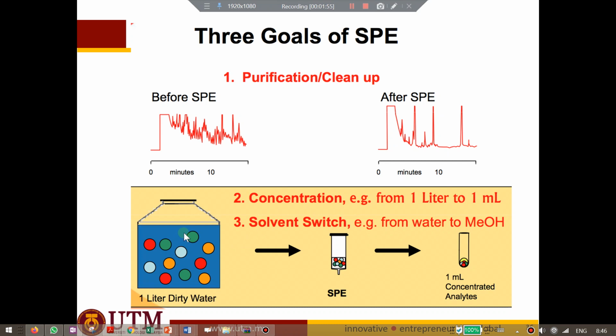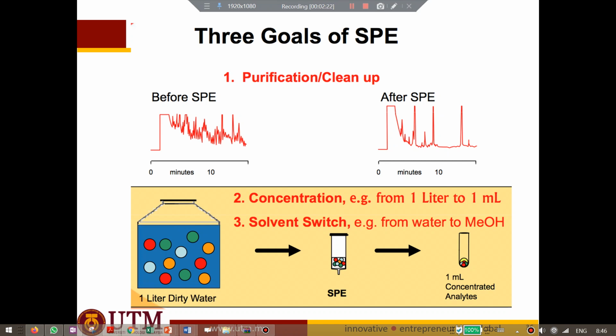Okay, but when I mention this, it doesn't mean that GC is not okay for water. It depends on the column. If the column is non-polar, then it should be okay. But if your column is a mid-polar to polar column in gas chromatography, the usage of water is highly not recommended.